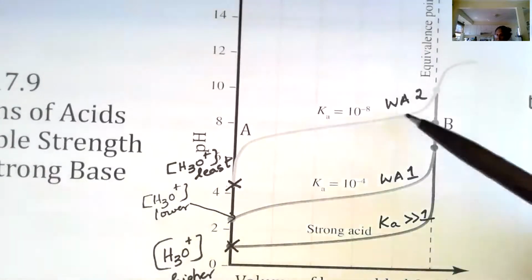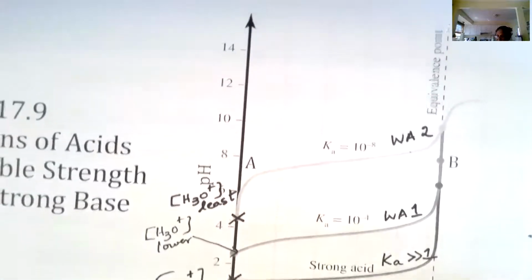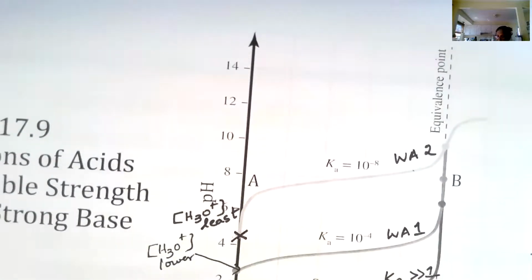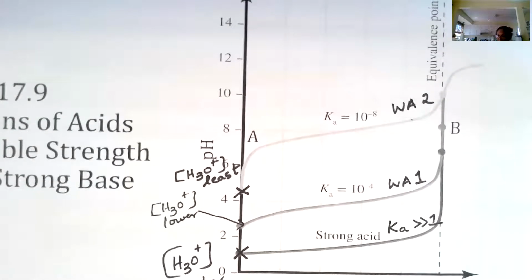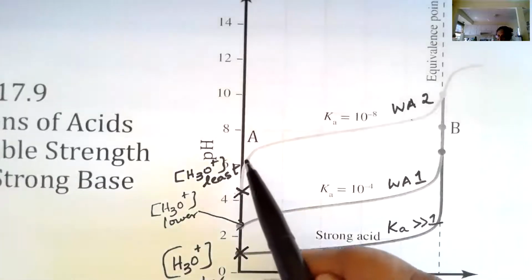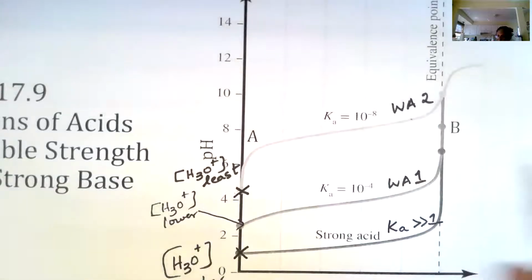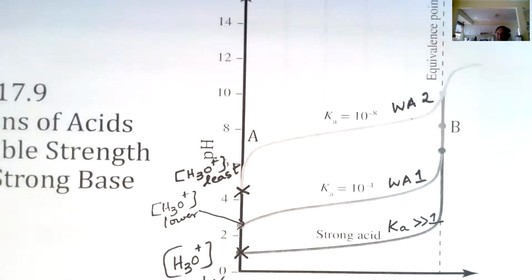As the Ka value decreases, what we noticed was their initial pH in solution is higher, and you also see an initial rise in pH, and this is more pronounced, like I said, until it hits the mid region before the equivalence point is reached.